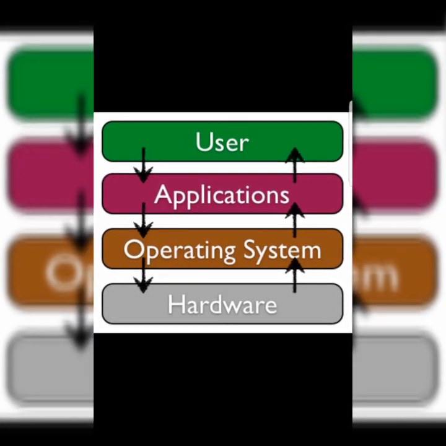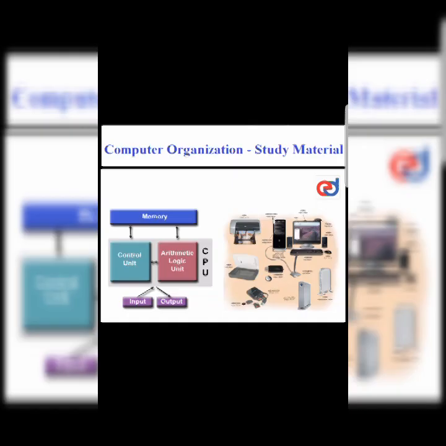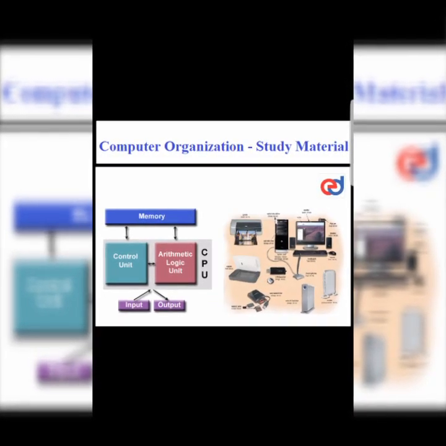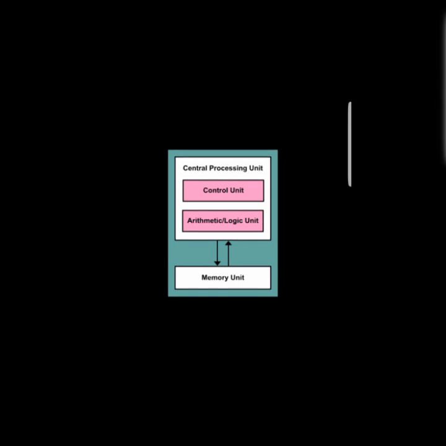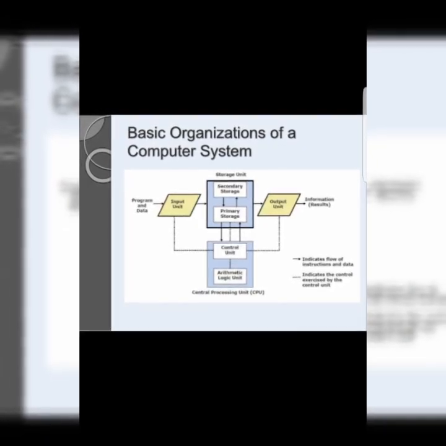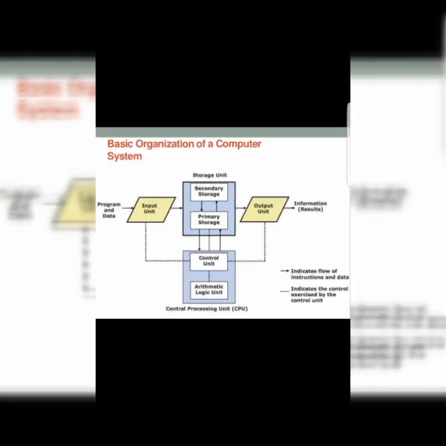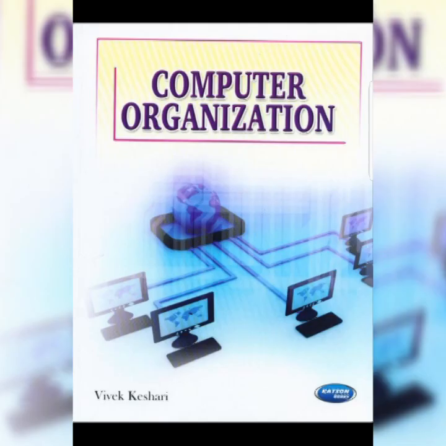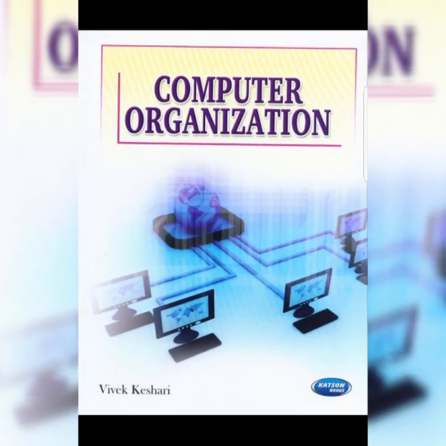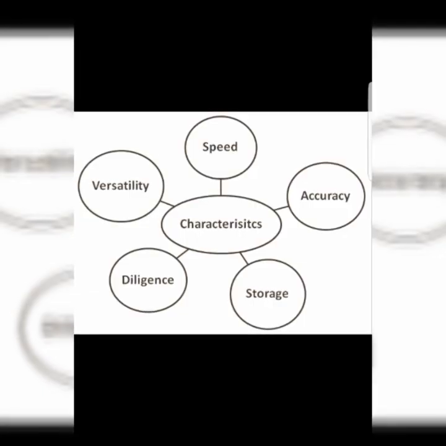Software refers to components like word processor, operating system, and data. The data given by the user to the machine is called input, and the result generated by the machine is called output.